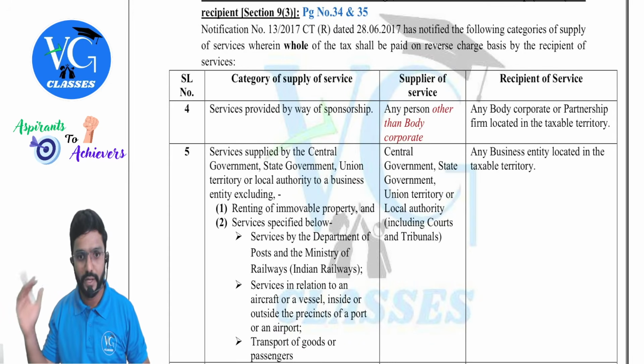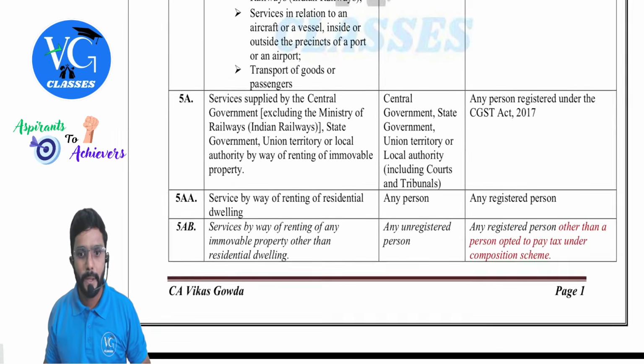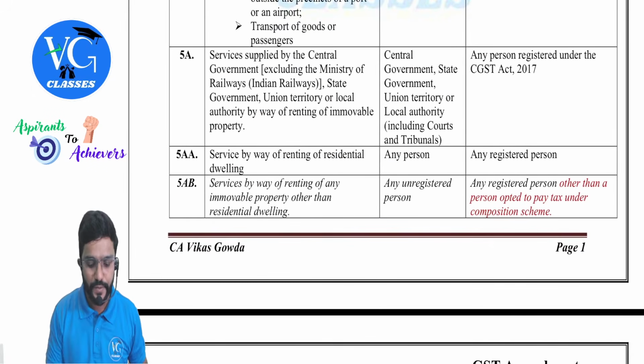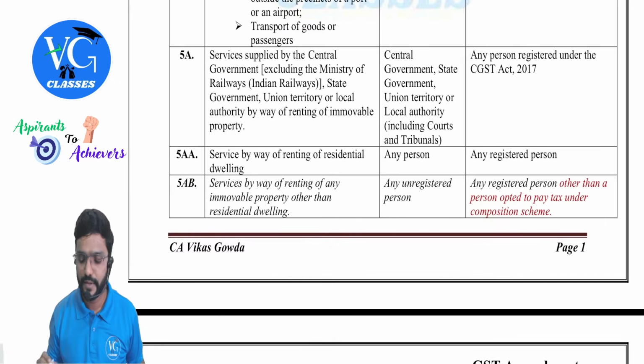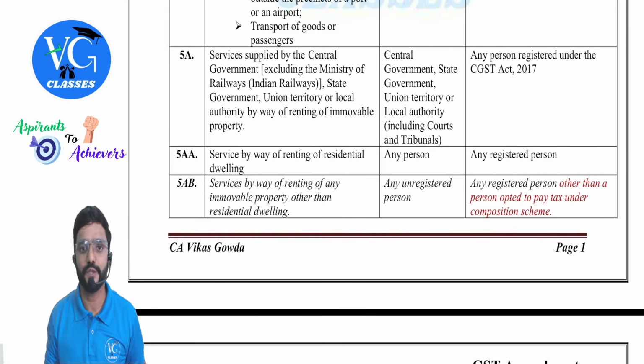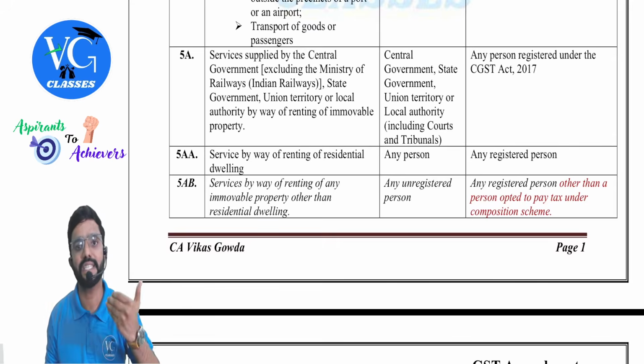Yes, sir. Now coming to my provision book, I have mentioned even 5A and all just to be in order, guys. So in 5AB you can see the recipient part has changed, the amendment: any registered person other than the person who has opted to pay tax under composition scheme, guys. That is section 10, both the schemes, that is 10.1 as well as 10.2A.